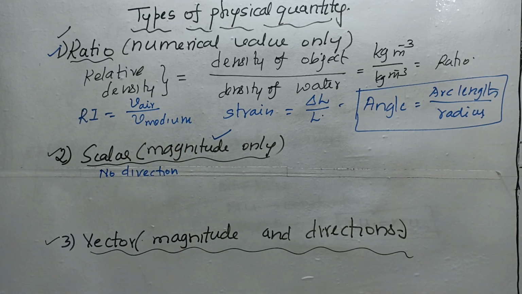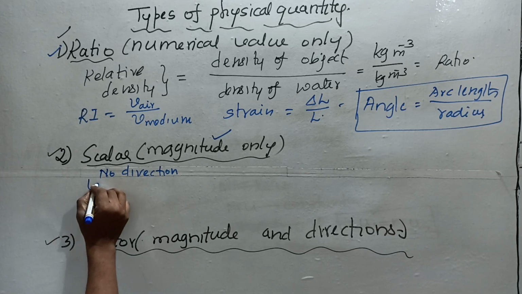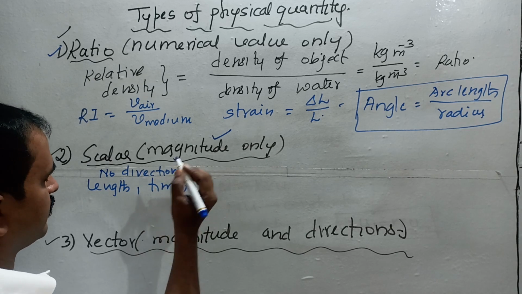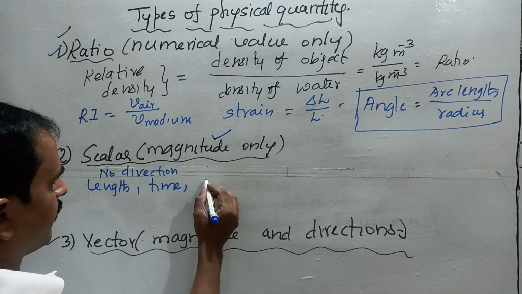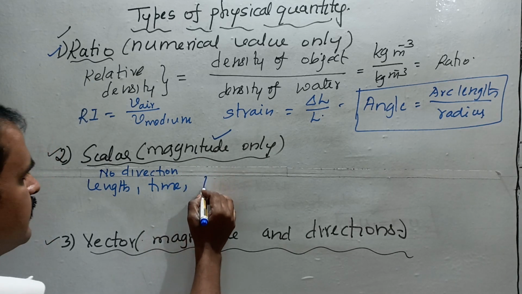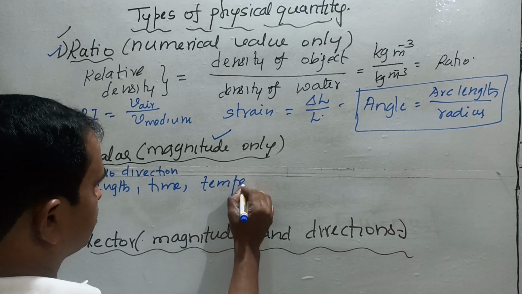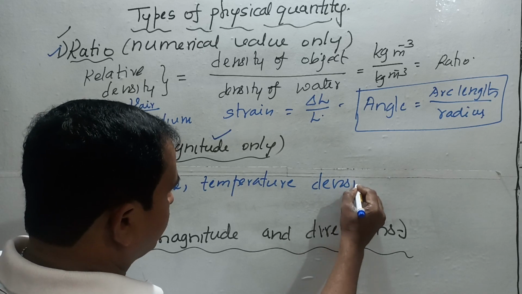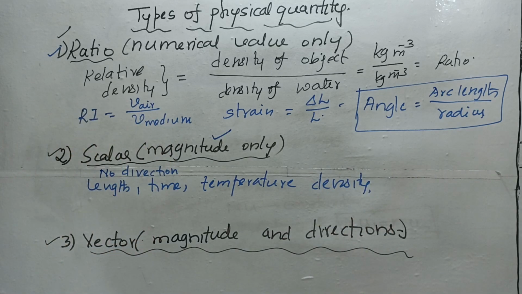For example, physical quantities like length, time, work, energy, temperature, and density of a substance are all scalars irrespective of the direction of measurement.